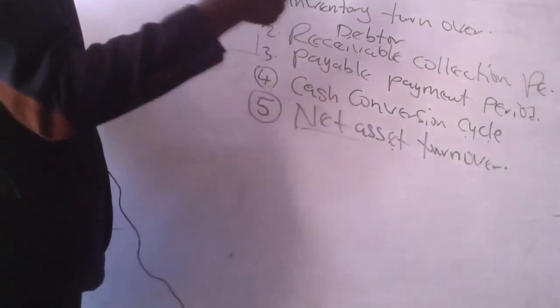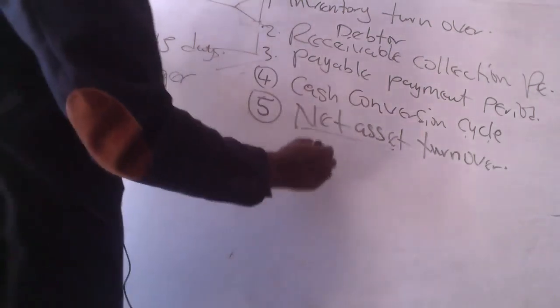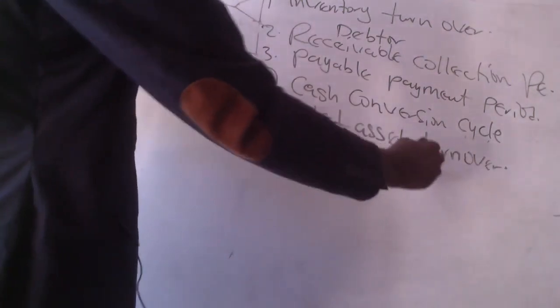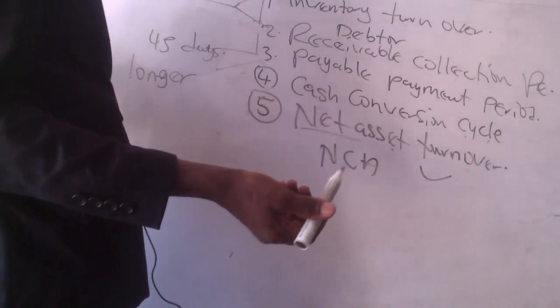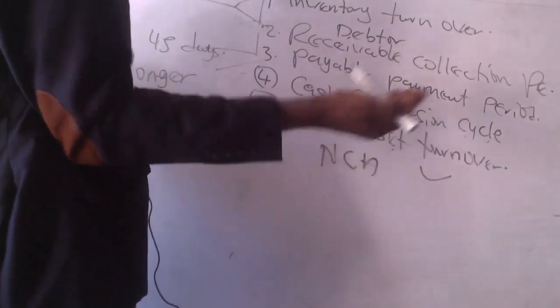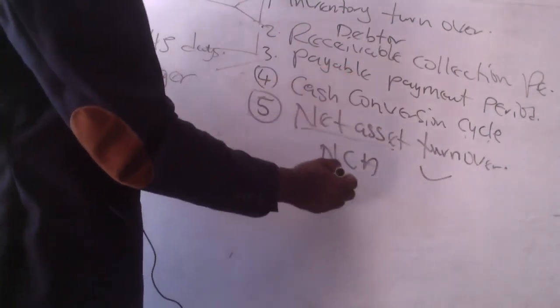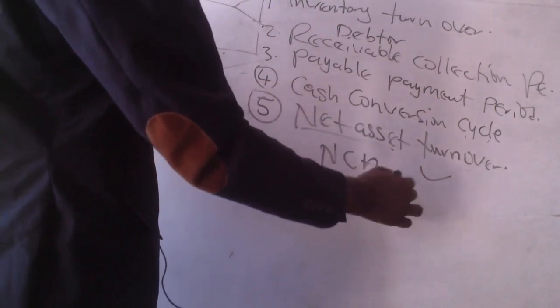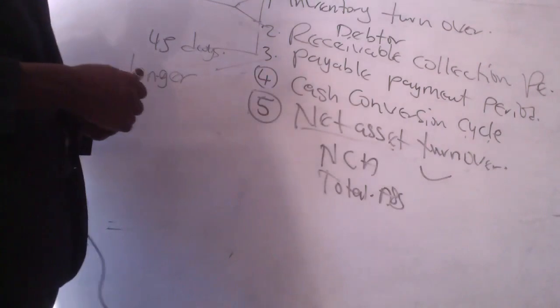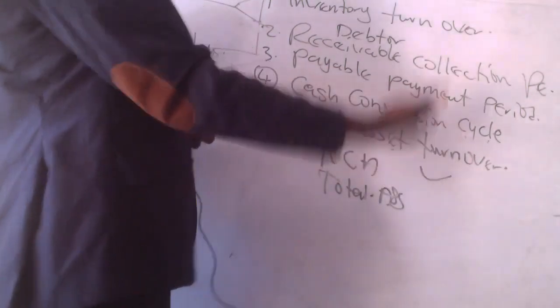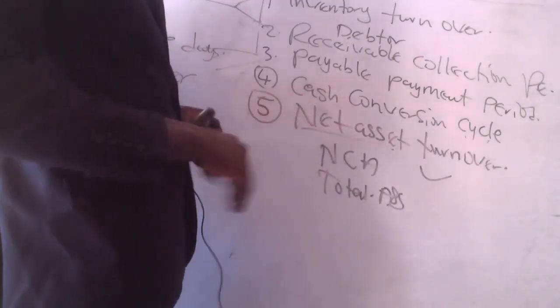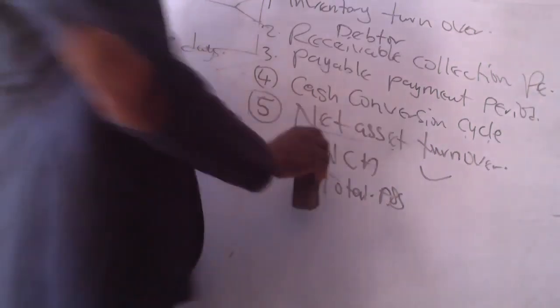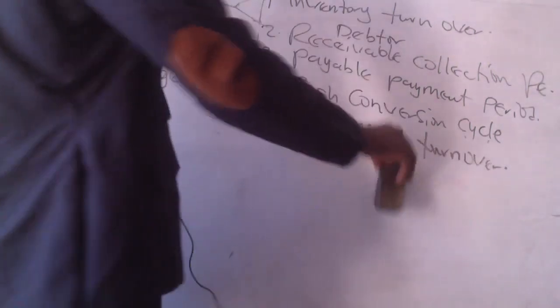You can have non-current asset turnover, which is sales over non-current assets. You can also have total asset turnover, which is sales revenue over your total assets. So take note so that I can move on to the next one.